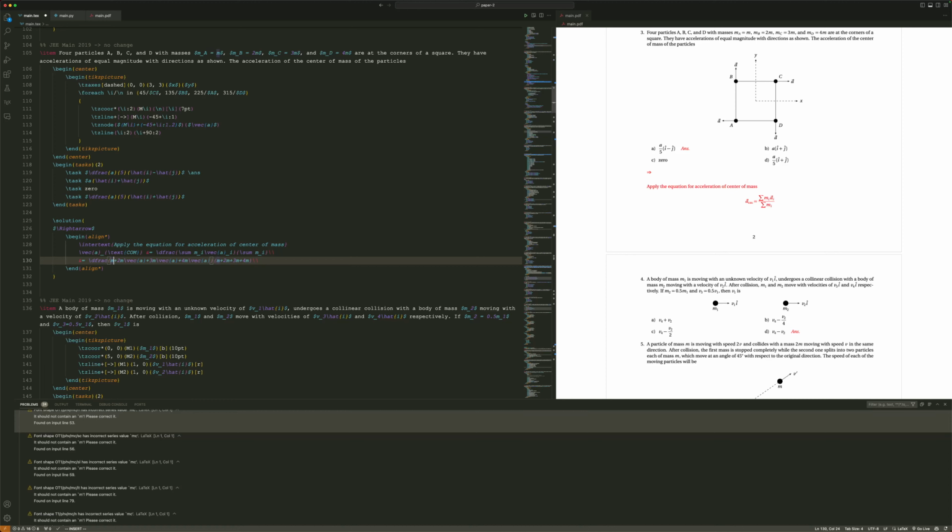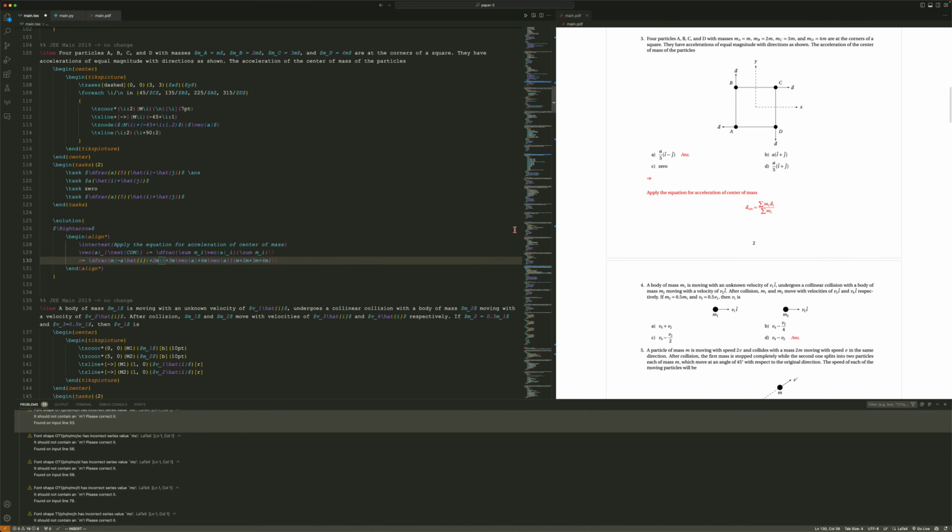Like a I cap, and I think minus a I cap will be better, and 2m. This time we had to replace which particle v, which is j cap.